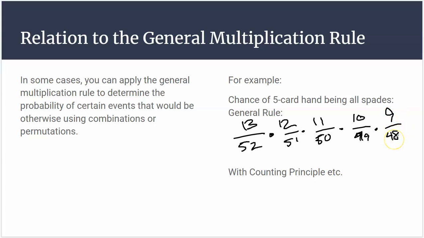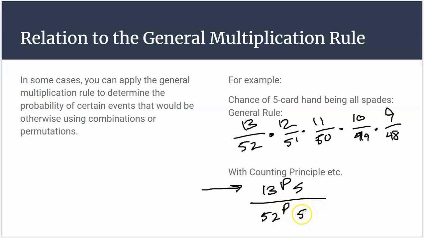Okay. If you remember that, this is going to also look similar to counting principle. Here's what that looks like. In the top, 13 pick 5, and on the bottom, 52 pick 5.